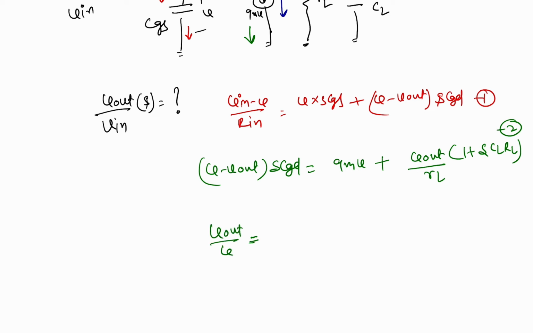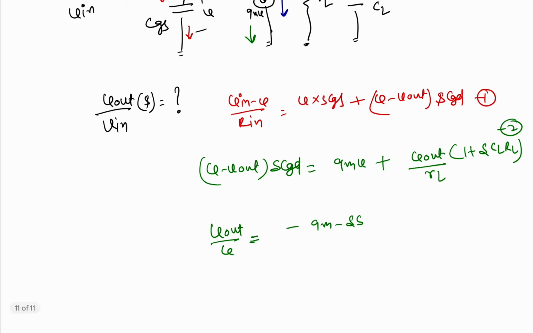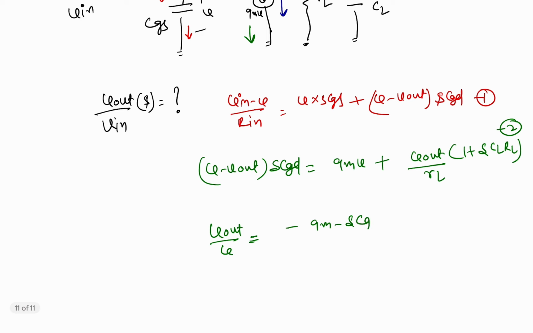So that will be V out by V, that will be gm minus s Cgd. Okay, gm minus s Cgd is the coefficient of V, divided by the coefficient of V out.